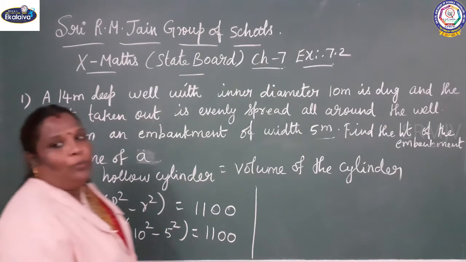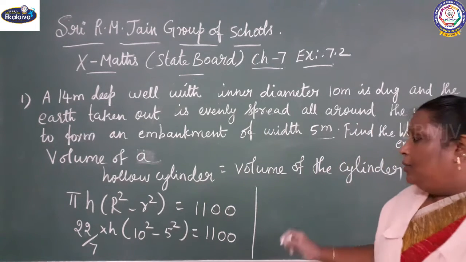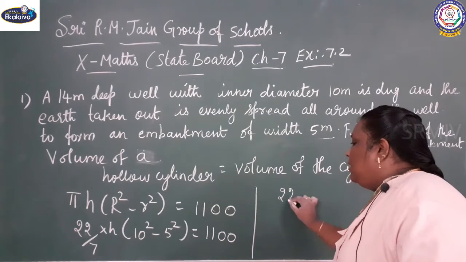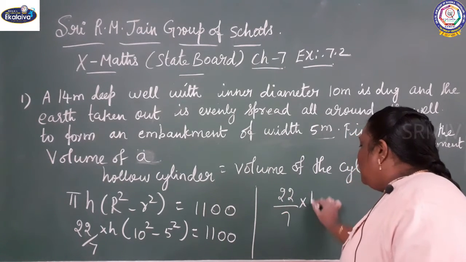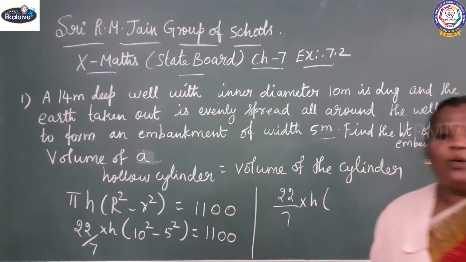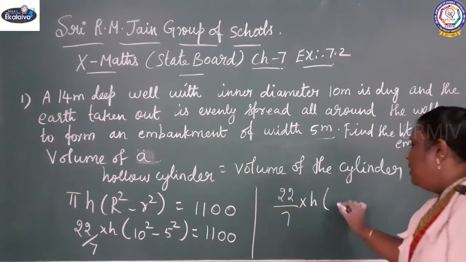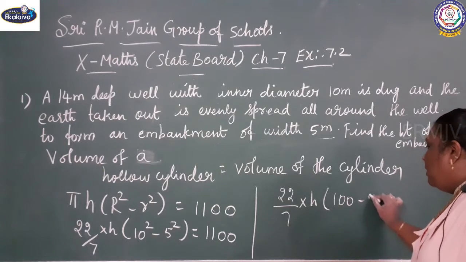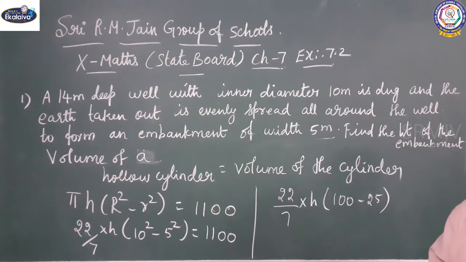So 22 by 7 into h into 10 square minus 5 square. 10 square is 100, minus 25, which is 75.